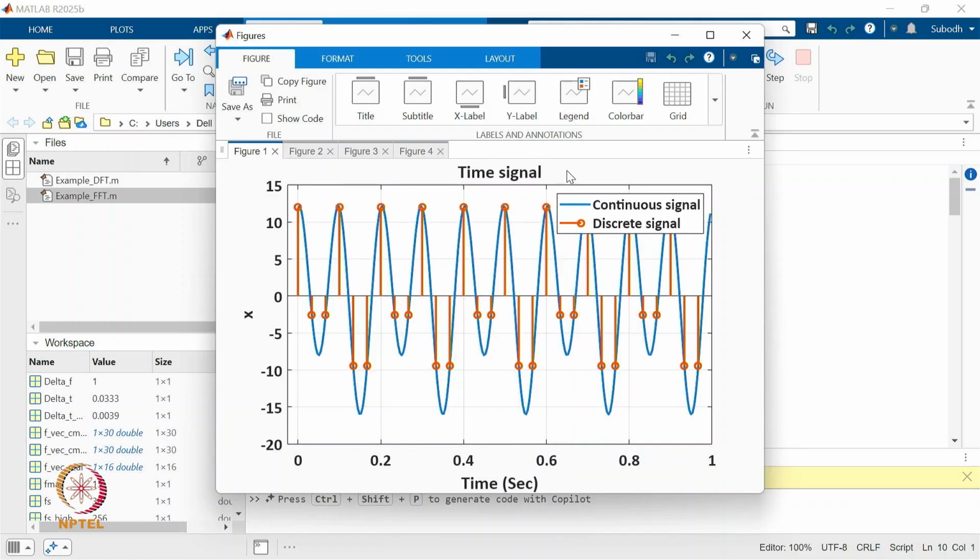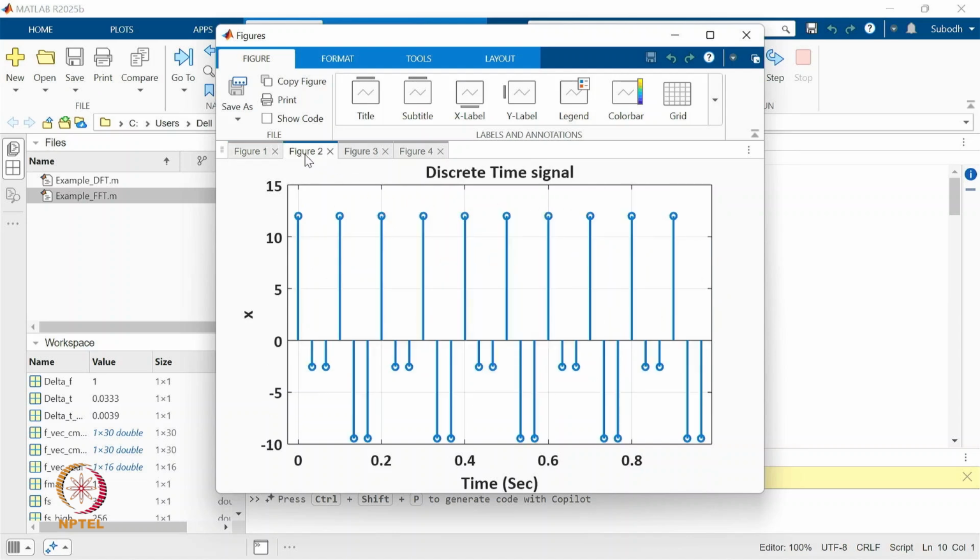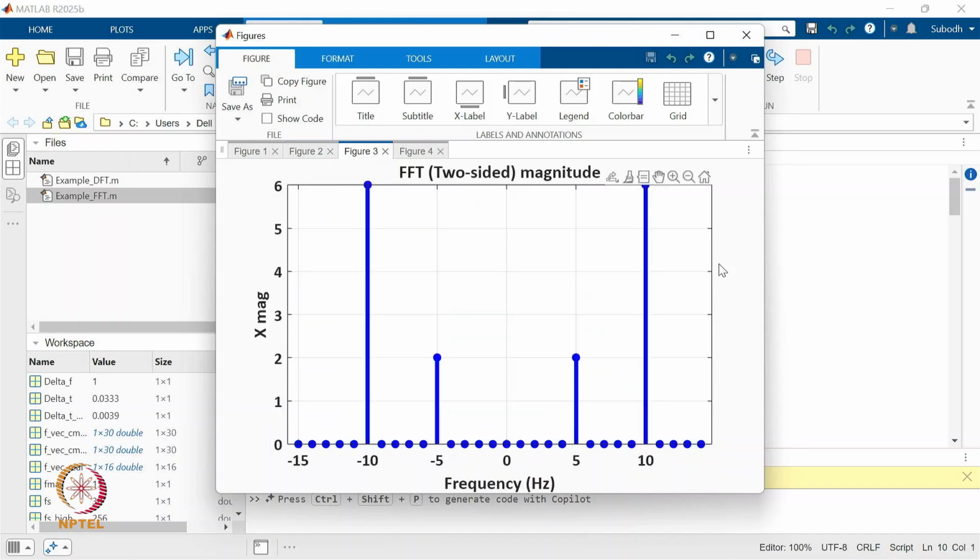You can see the same signal as we had got, an overlay of continuous and discrete signal, and then the discrete time signal as we got in example 3. This is now the two-sided DFT obtained using the FFT command, and you can see it is exactly the same as we got using our own code. So this validates our code also.